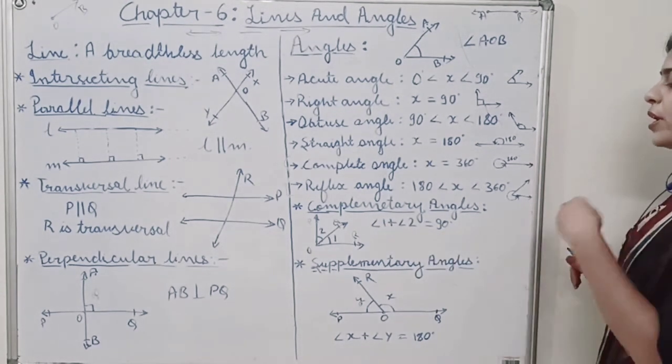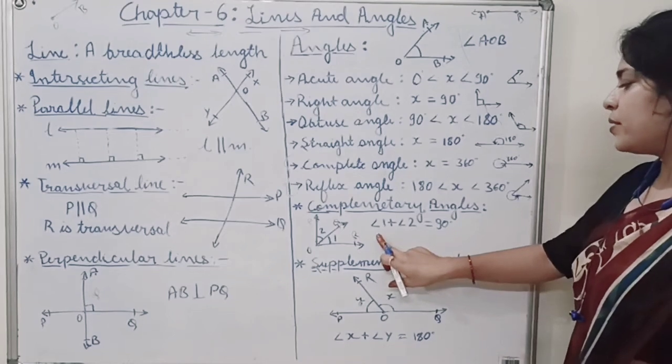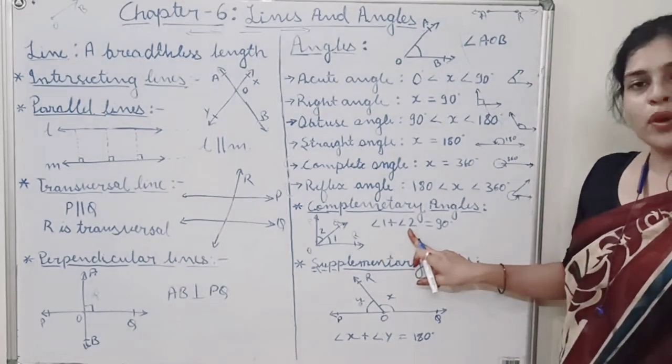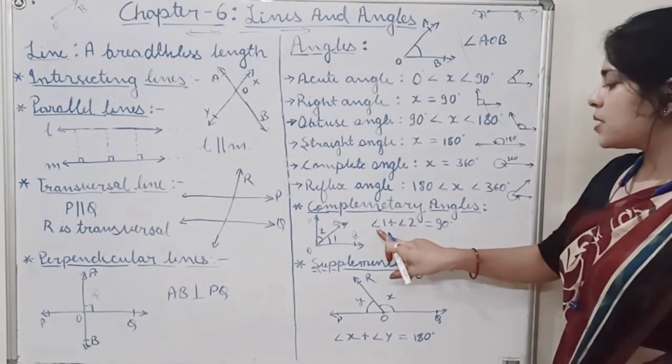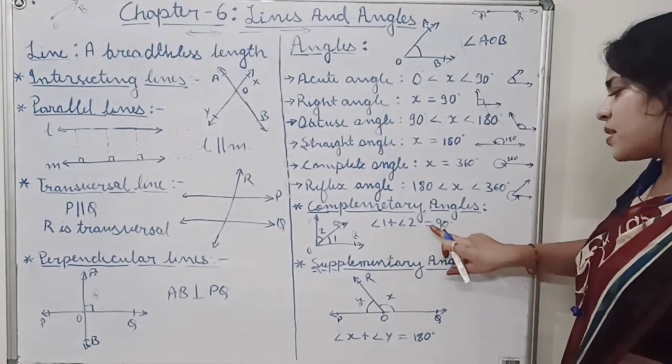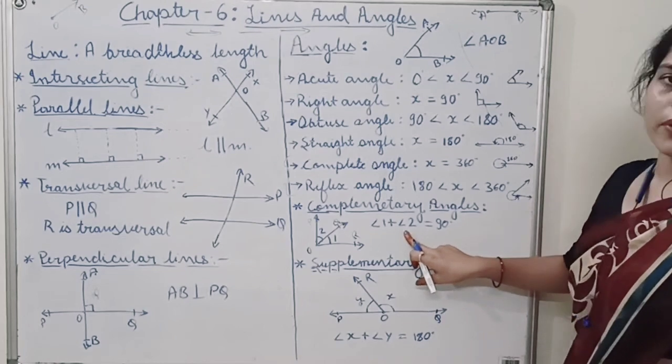Okay, if you are given that angle 1 is 40 degrees, then easily you can find angle 2 if you are told that angle 1 and angle 2 are complementary angles. This is 40 degrees and their sum is 90 degrees, so angle 2 will be 50 degrees.